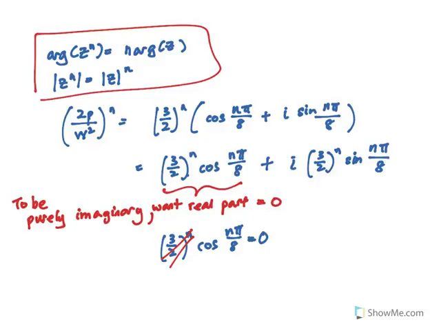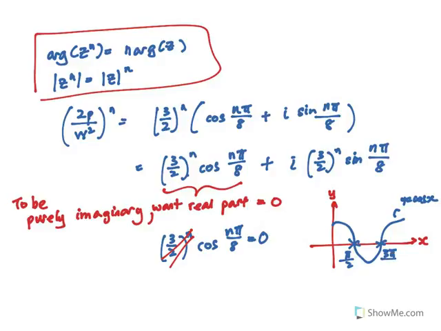So remember your secondary 3 A math or H2 math, right? This is the cosine graph. Where is the portion where cosine x equals 0? It's pi over 2 and 3 pi over 2.